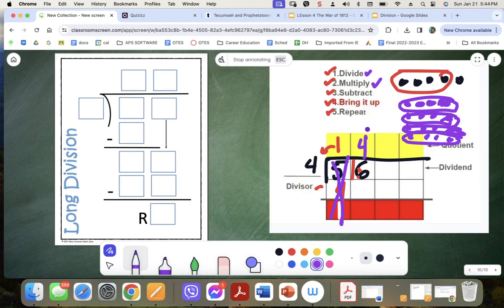So we have 4 times 4. So 4 times 4 is 16. We write 16 right here. And 16 minus 16 is 0. 0 means nothing. We don't have any extra. Therefore, we don't have any remainder. Okay? Now you're going to try it on your own.